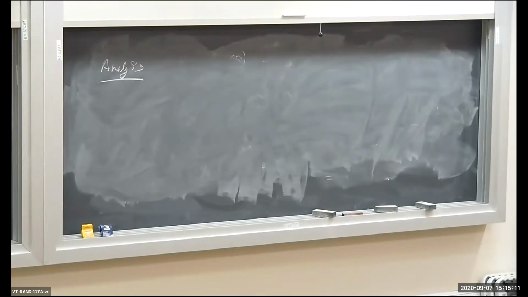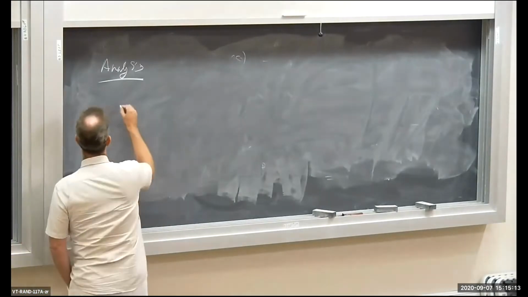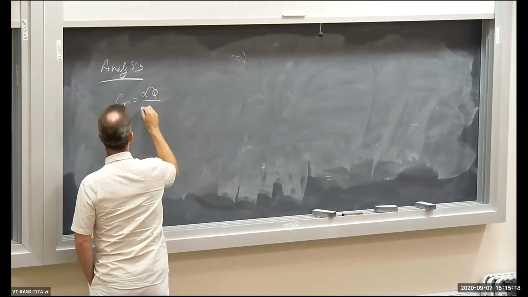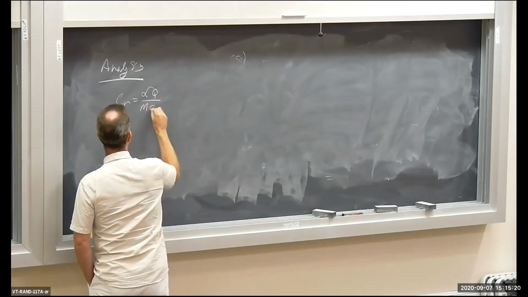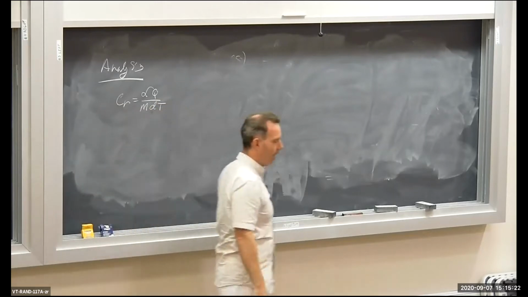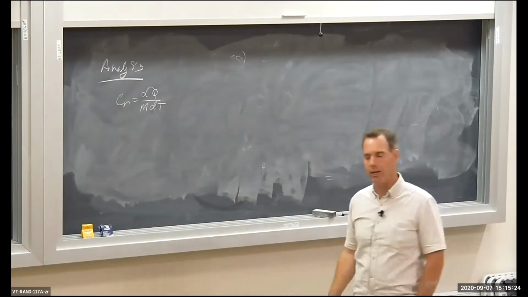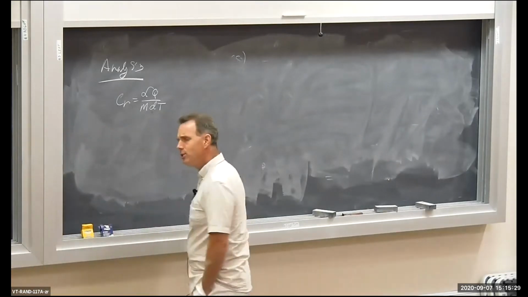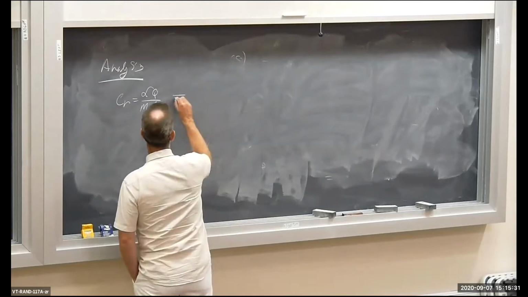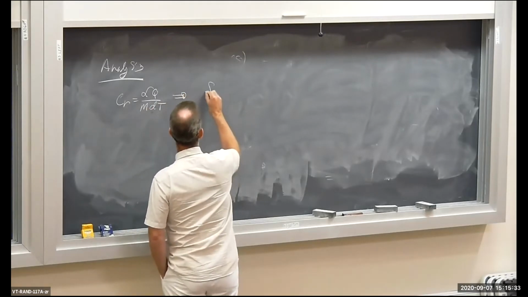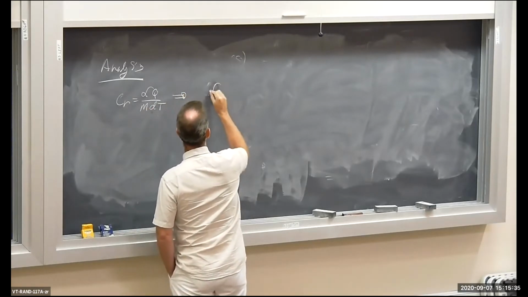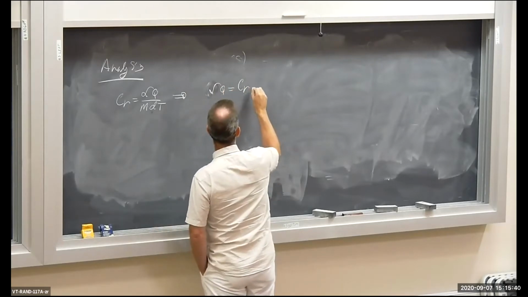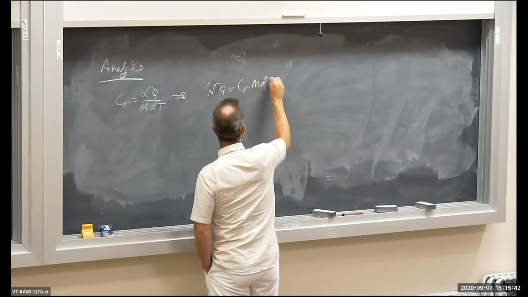So let's write down the definition of Cv. Cv is equal to the little bit of heat transfer divided by the mass of the system divided by the temperature change due to that little bit of heat transfer. Let's solve this for little bit of Q, del Q. Del Q is equal to Cv m dT.